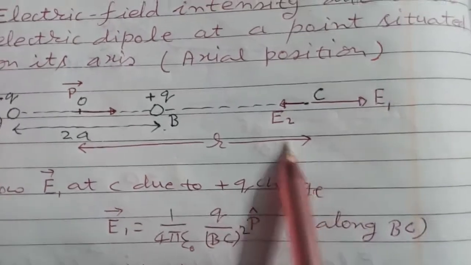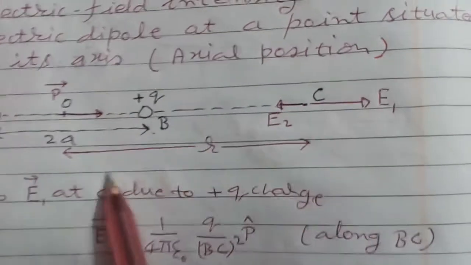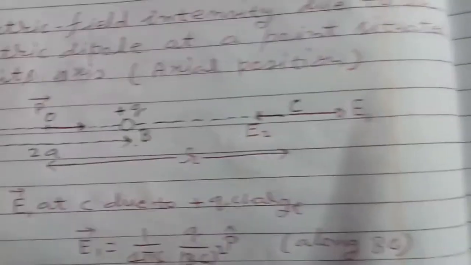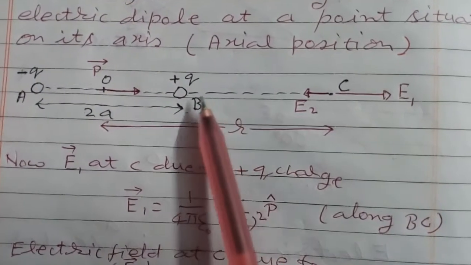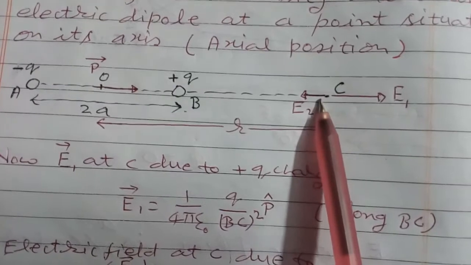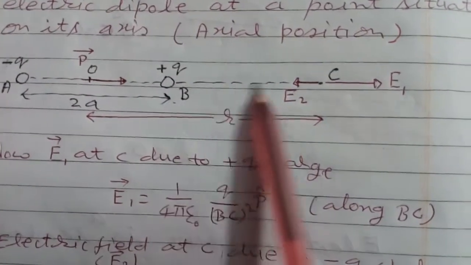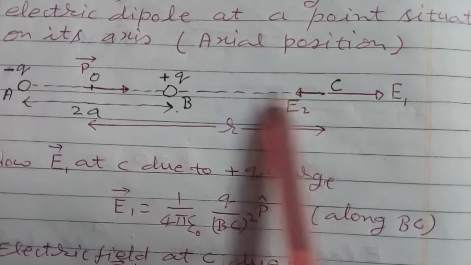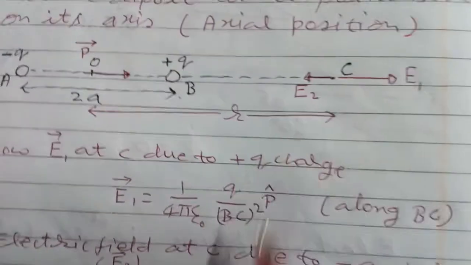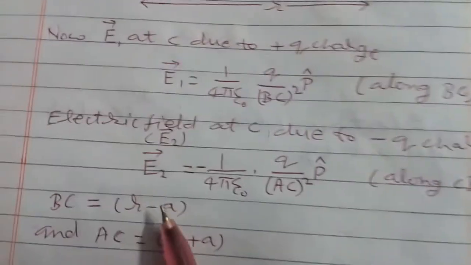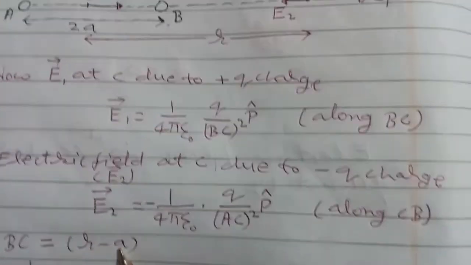Now we have not taken the square of r, we have taken the square of BC, because electric field intensity is inversely proportional to the square of the distance. So distance of this point from C is BC. Now BC is equal to r minus a.